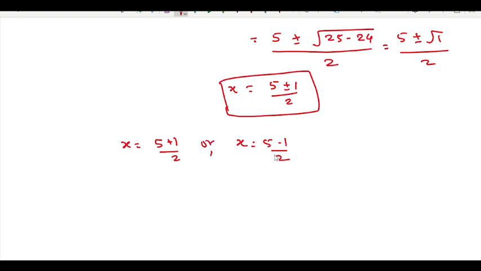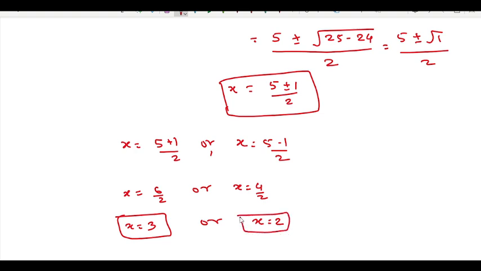So x is equal to 6 upon 2, or x is equal to 4 upon 2. So x will be equal to 3, or x will be equal to 2.